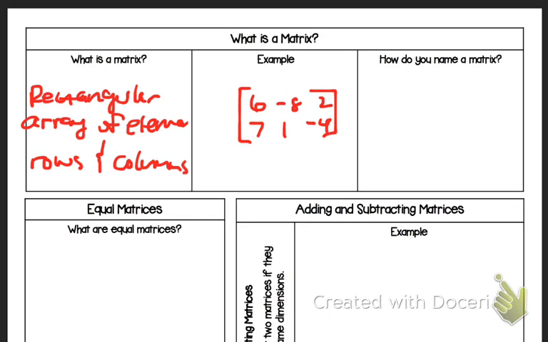So this right here is our row. That's the first row. This is the second row. Your columns go vertically, so this would be column 1, column 2, column 3. Each entry, 6, -8, 2, 7, 1, -4, those are all what we call elements. This is an element.